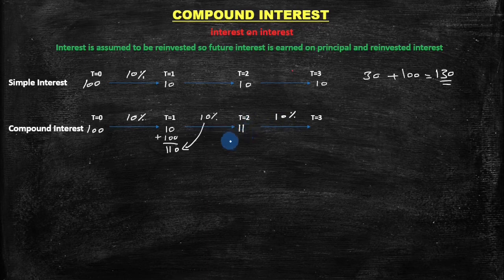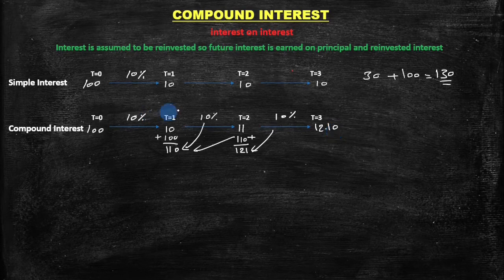Now this $11 has to be added to 110, so plus 110, we will end up with $121. Now this 10% will be calculated based off of this, again, not this, like the simple interest. So 10% of 121 will be $12.10. As you can see, the differences keep growing.